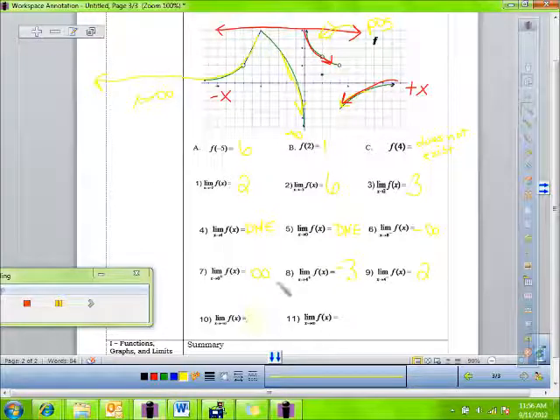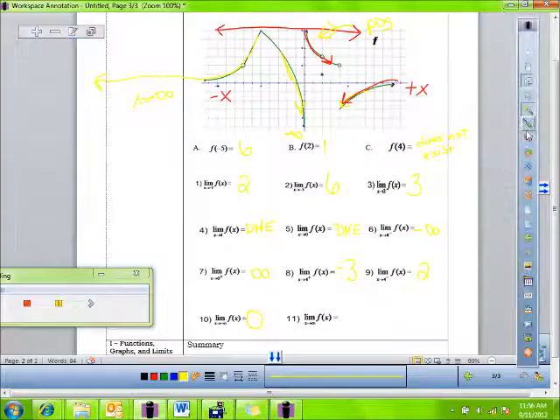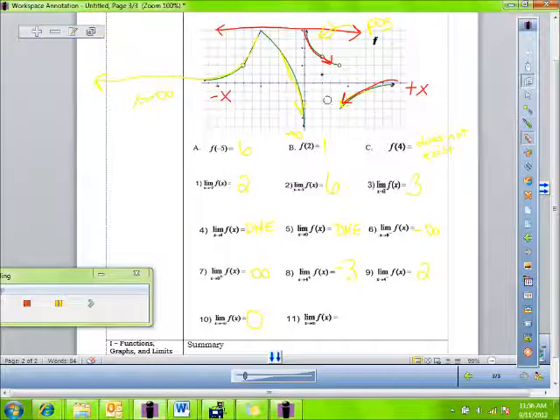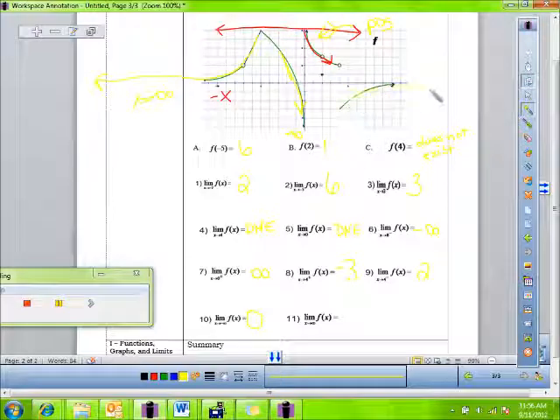So think about your graph of y equals e to the x. It starts way down, goes to 0, gets really small. That's negative infinity. And from the positive side, if you follow that graph towards positive infinity, it's going towards 0 also.